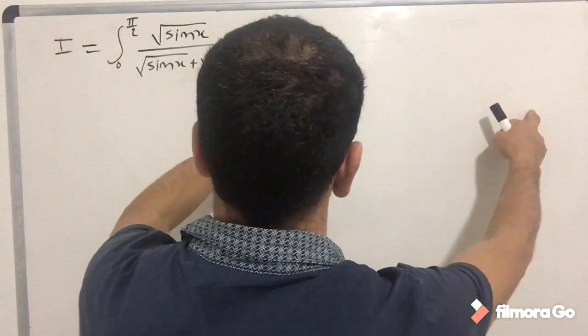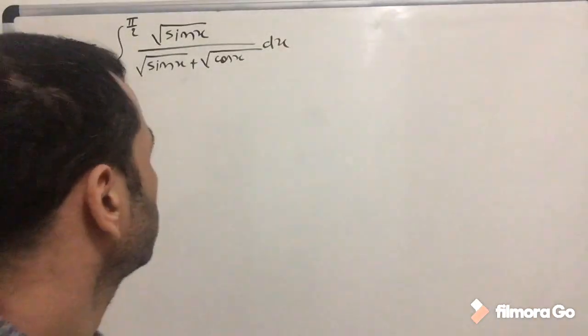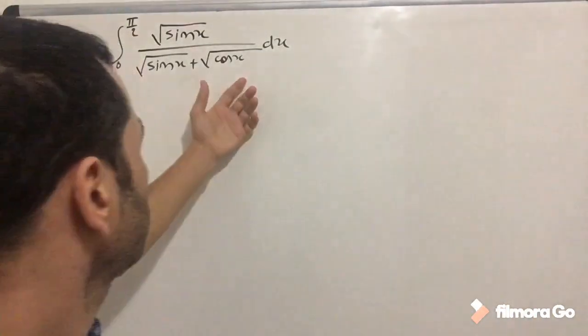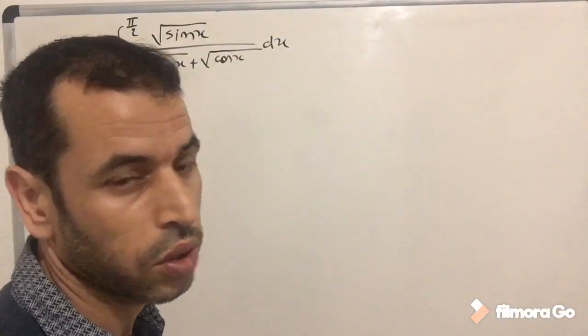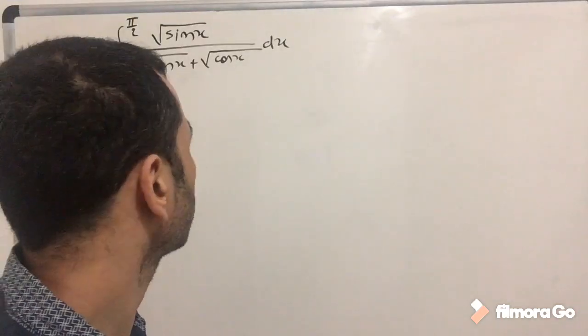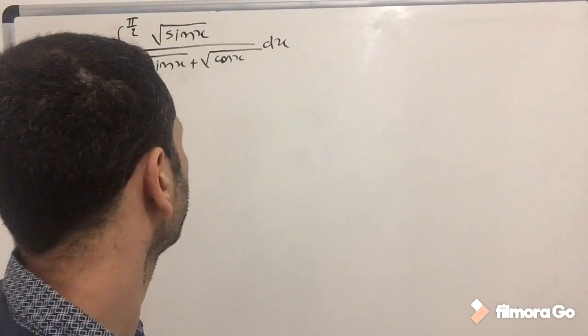So putting the square root of cosine x as a substitution will not work. We have to change our idea of how to solve this one.